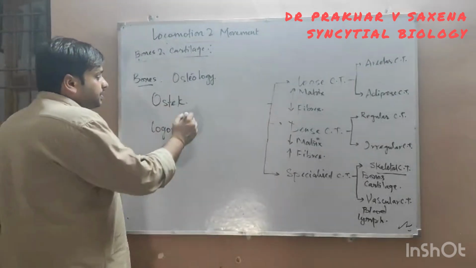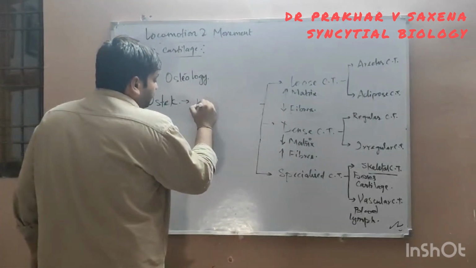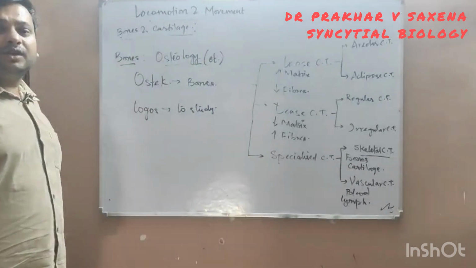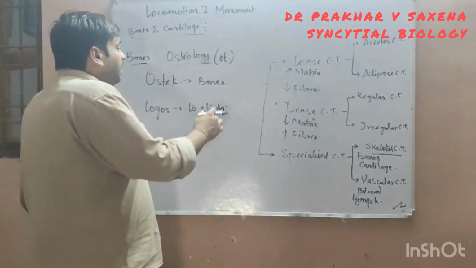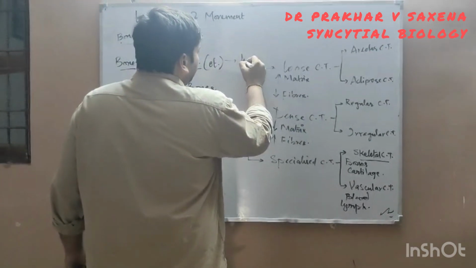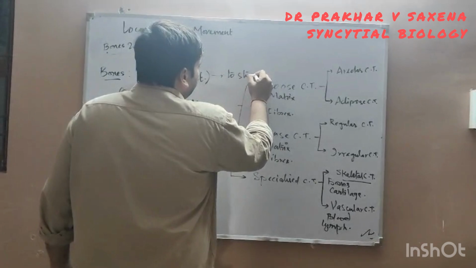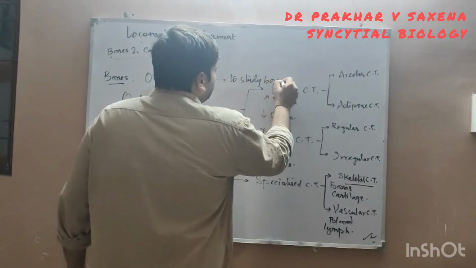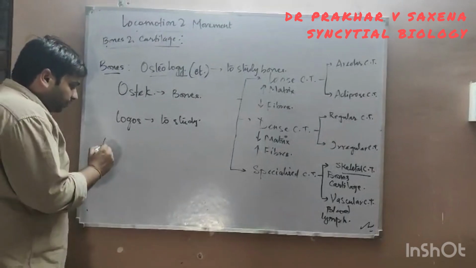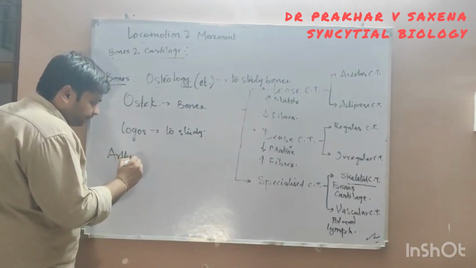Osteon means bone, and logos simply means to study. So the study of bones is known as osteology, the study of joints is known as arthrology, right?